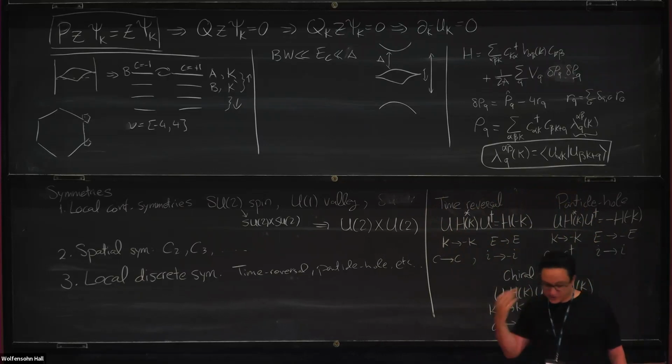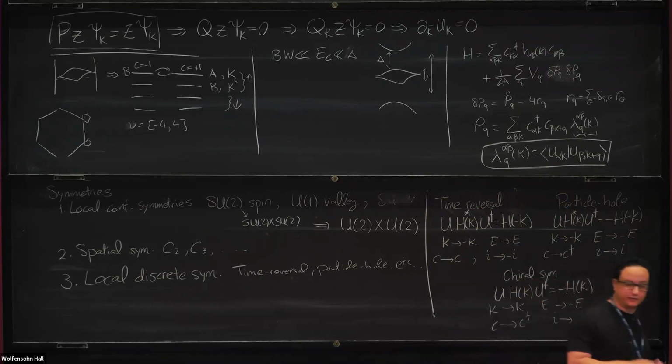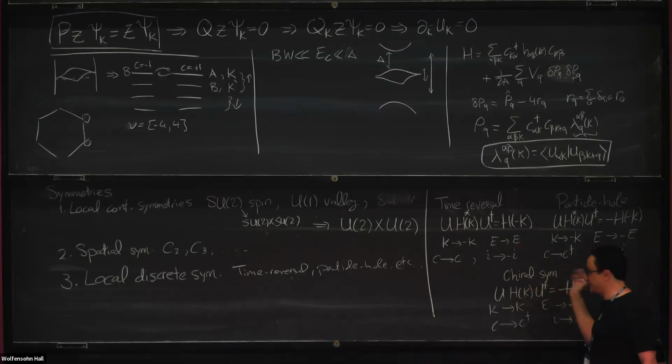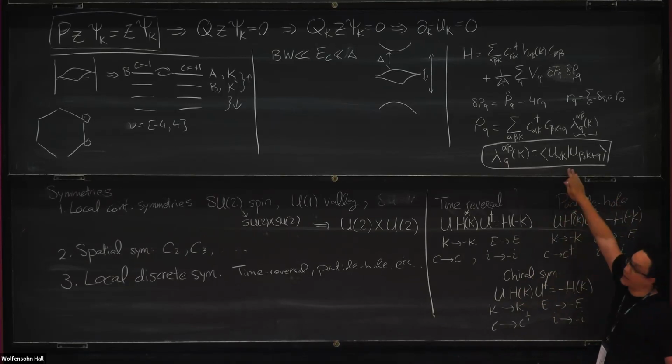So another way to say this is the action of a chiral symmetry on a flat band wave function gives you another flat band wave function at the same momentum. And one consequence of this, for example, is that I can define a chiral symmetry to square to plus or minus 1, so if I have two flat band wave functions that have different eigenvalues under this chiral symmetry, they will actually have zero overlap for every momentum, okay?